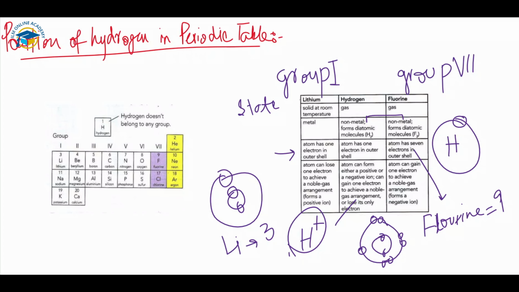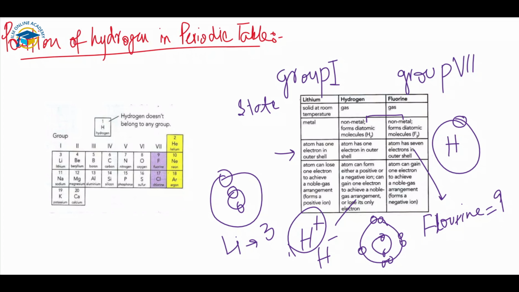Because hydrogen has no neutron. If hydrogen forms the H negative ion, that means hydrogen gained 1 electron and now has 2 electrons in the outermost shell, or the first shell. This is the hydrogen anion that it forms by gaining an electron to achieve the noble gas arrangement.